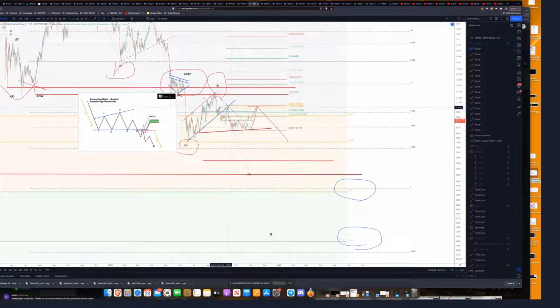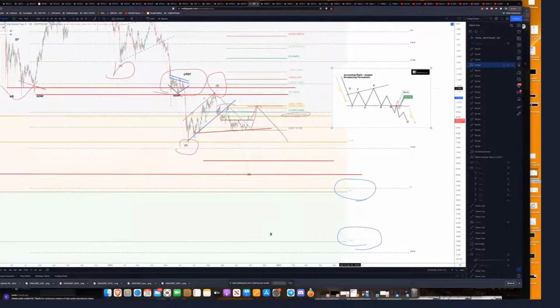To me, that will be confirming. If we break above that, that's going to confirm most likely that we're in a bullish reversal. However, at the moment, we're at this. You can see that resistance perfect as well. It's funny how they all line up, don't they? So keep that in mind.